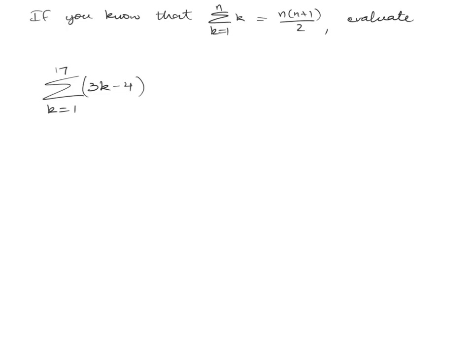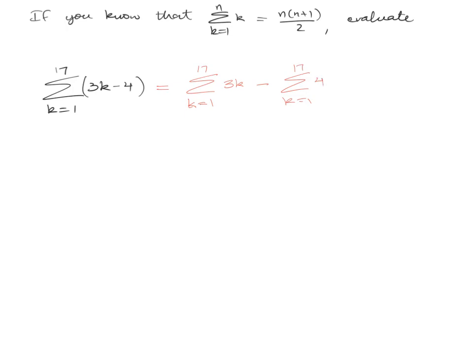So if I remember the formulas that I had in the previous slide, I know that when I'm subtracting two terms, 3k and 4, I could split that up. So I'm going to write that as sigma k equals 1 to 17 of 3k minus sigma k equals 1 to 17 of 4.